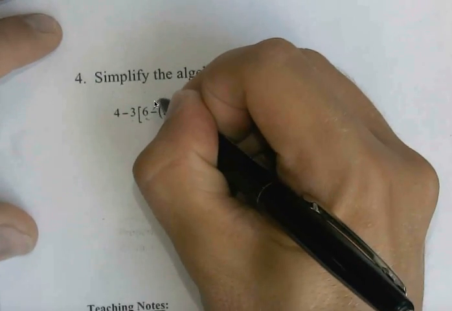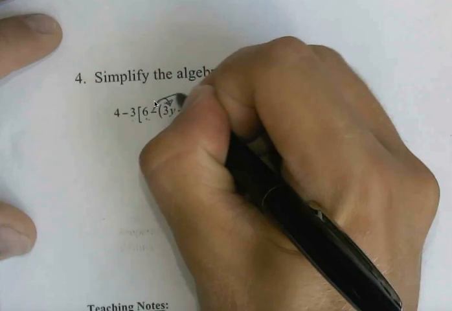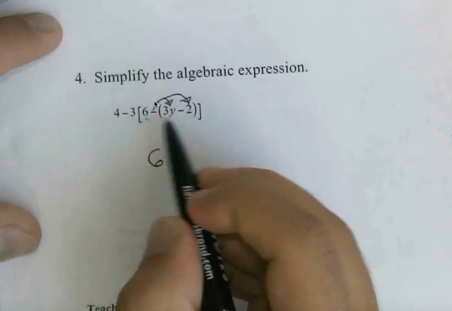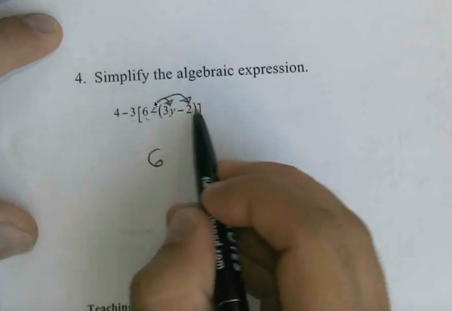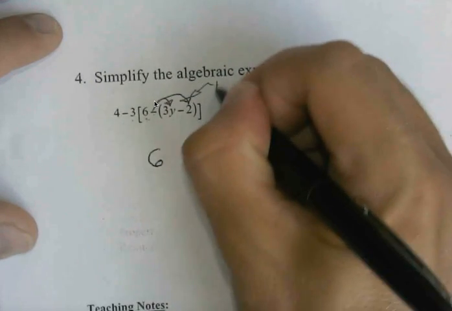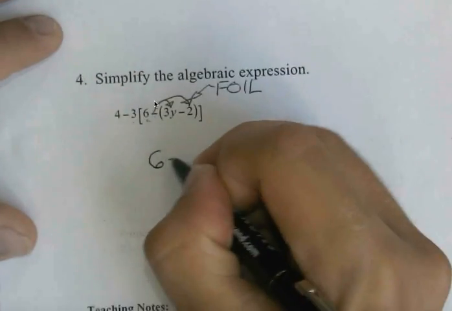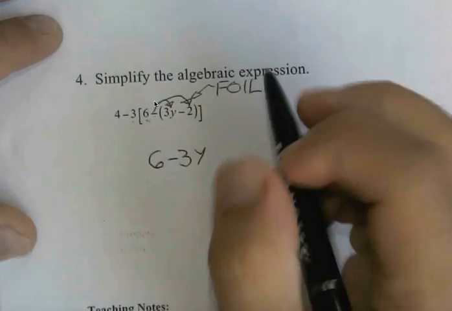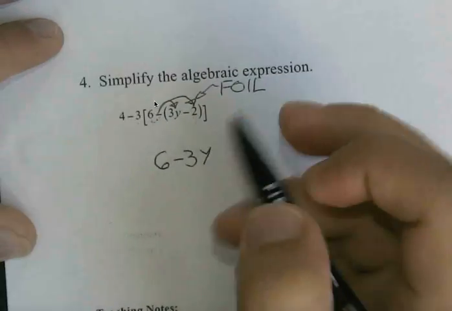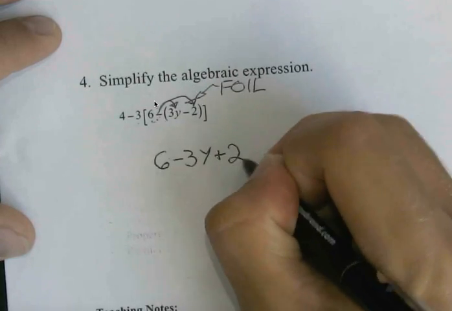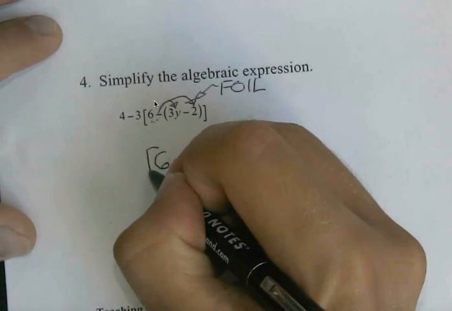But then you're subtracting all of this. So you're subtracting 3y. Think of this as foiling. So this is kind of foiling in disguise from Algebra 2. So 6 minus 3y. You're subtracting -2. So you want to add on 2y. Keep the brackets out.